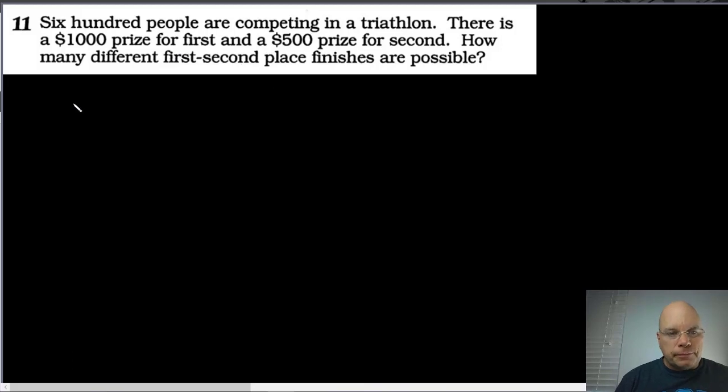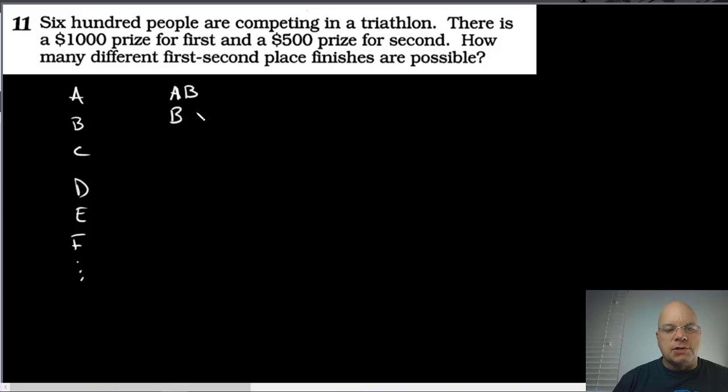So if the names of the people in the triathlon were, let's just give them letters, A, B, C, D, E, F, etc. Obviously we would need more than 26, there's 600 of them, but you could have finishes like this. A could finish first and B could finish second.